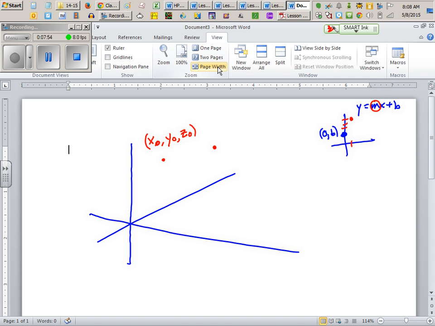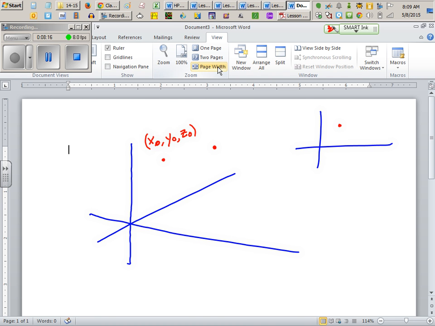We're in 3D now, but in the world of 2D, you have one point and a slope, and you can find other points using one point and a slope. Maybe the better thing to write here is y minus y naught equals m times x minus x naught. Maybe we can draw that picture instead.